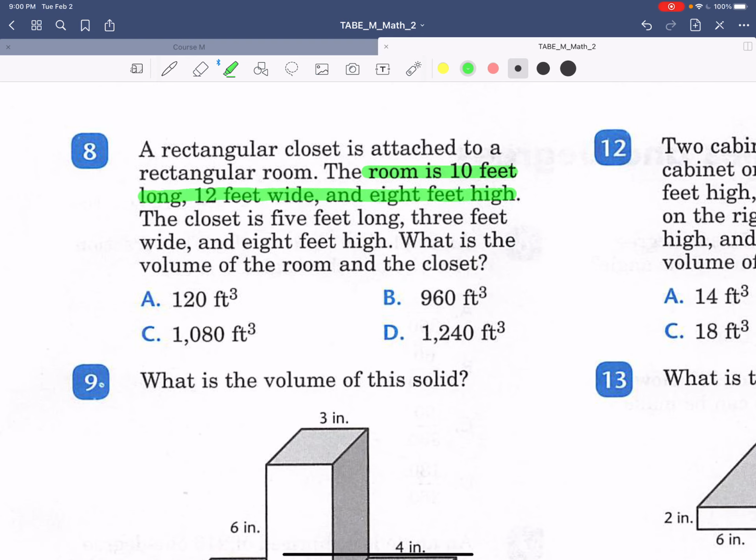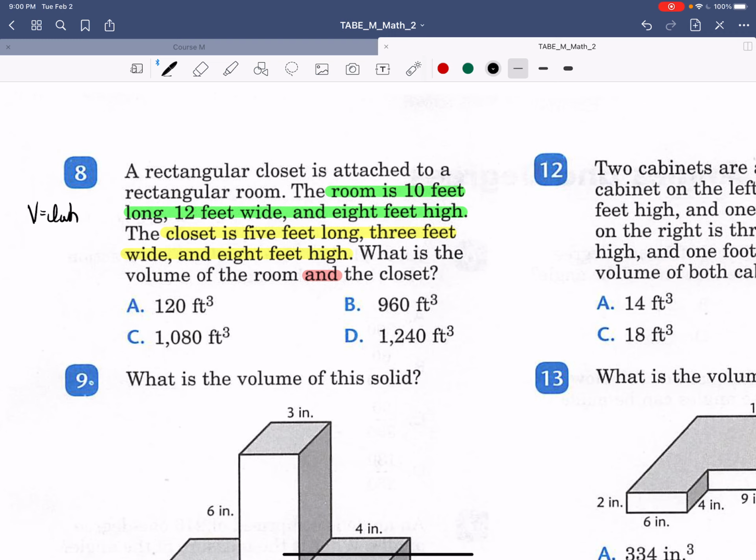So the room is 10 by 12 by 8. I believe that's 960, but let me be sure. Yes.